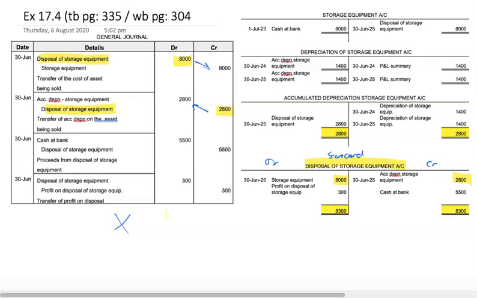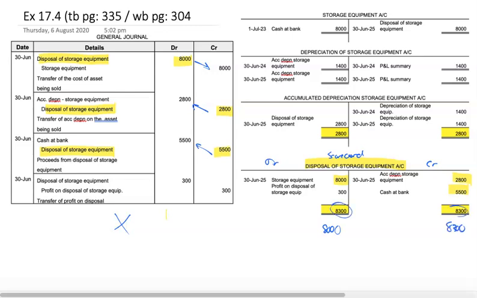We then have our disposal of storage equipment, again a credit, and this time it's because of the proceeds, so our cross-reference is cash at bank, and you can see this is in our credit section of our ledger. And this is where we stopped previously and looked at it, and if we added it up there, you would see that our ledger on our debits was 8,000, and our credits were 8,300.